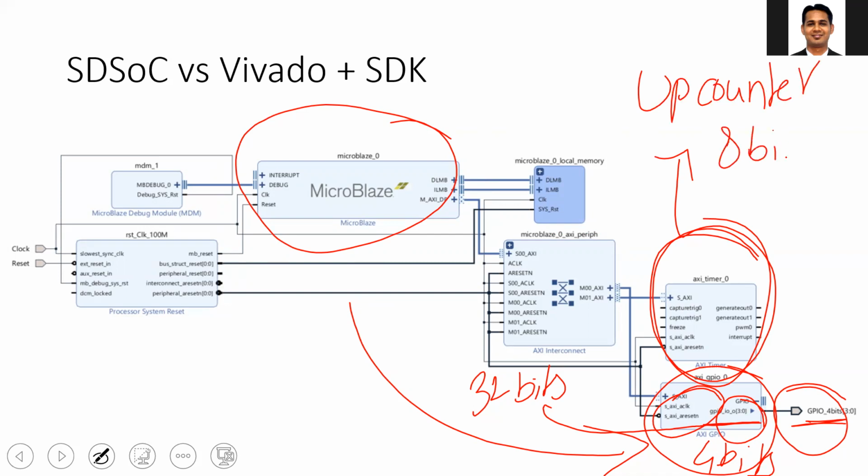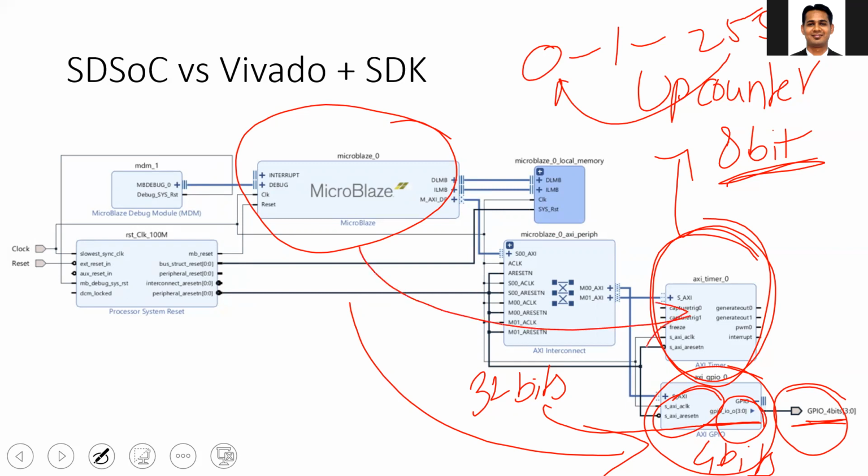Since it is an FPGA, we can configure everything inside the FPGA, so we'll design it as an 8-bit. It counts from 0, 1 up to 255, and we'll use the auto reload option. That means after it reaches 255, it goes back to 0. And then we will see how to communicate from this microblaze to these IPs.